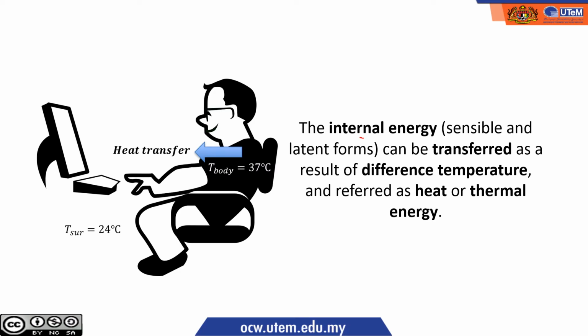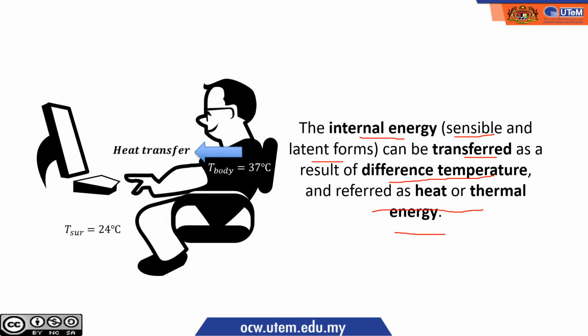Okay, what is internal energy? Internal energy is in sensible and latent forms. You can see the sensible and latent forms definition in part 1. So the internal energy can be transferred as a result of temperature difference and referred to as heat or thermal energy.